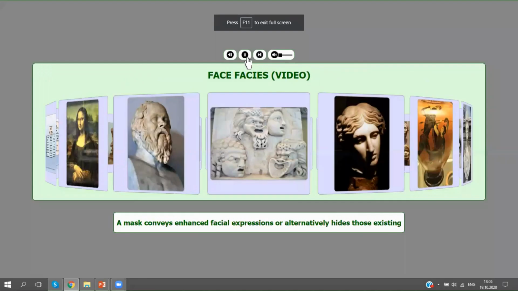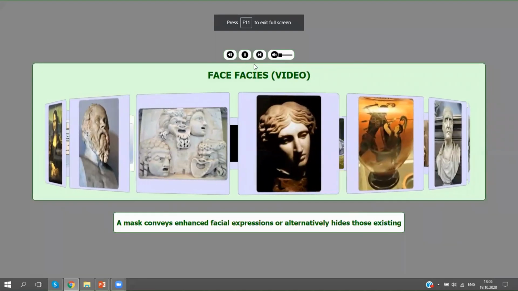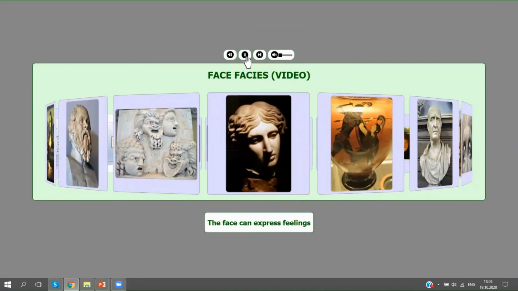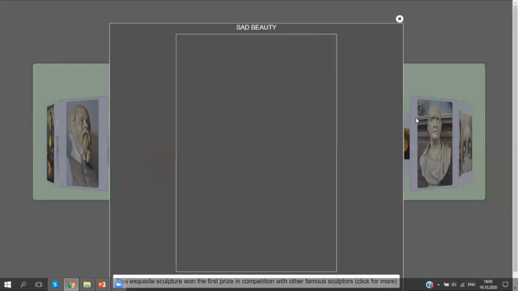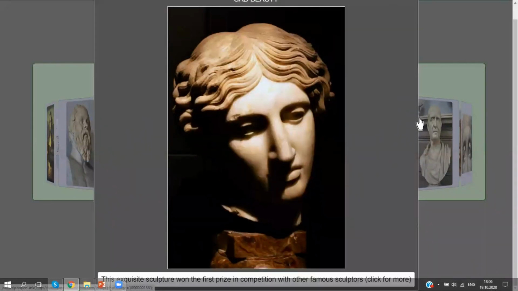So you could see that you can open links or not open them. Here is an image that I think many of us, click please, will agree that it represents beauty, but it also represents sadness. Why is she sad?